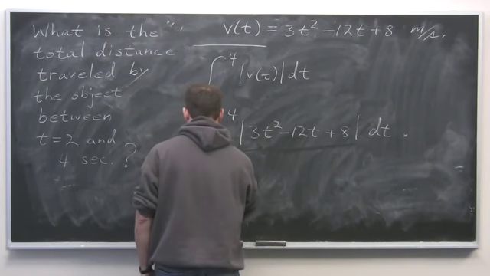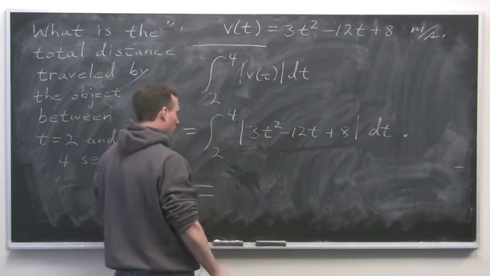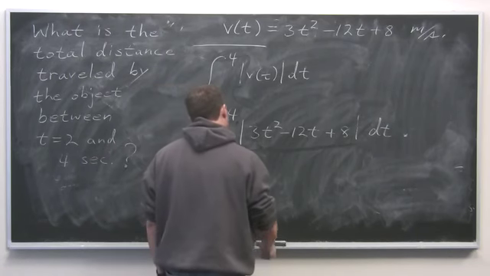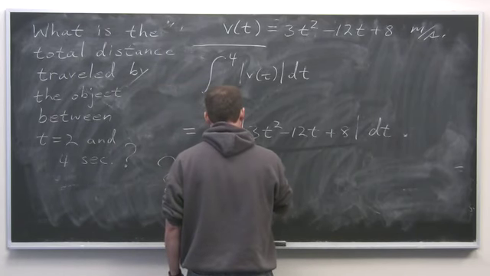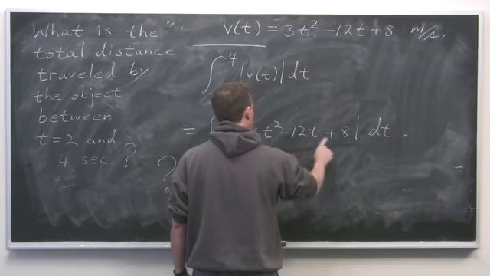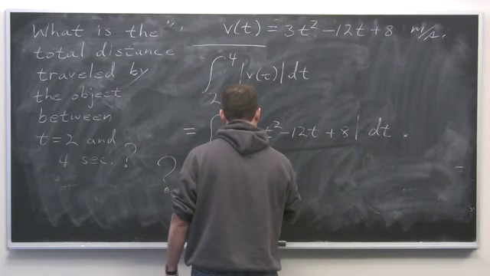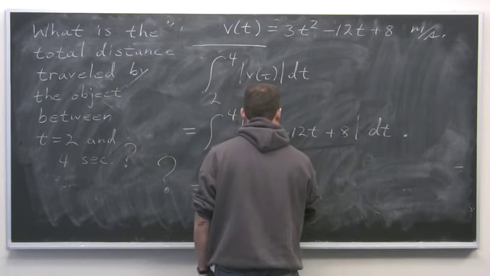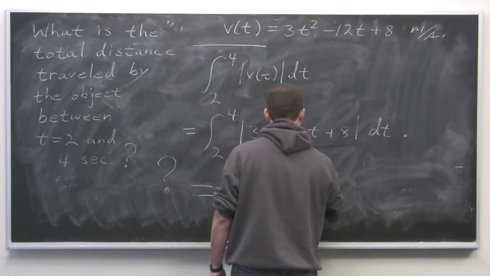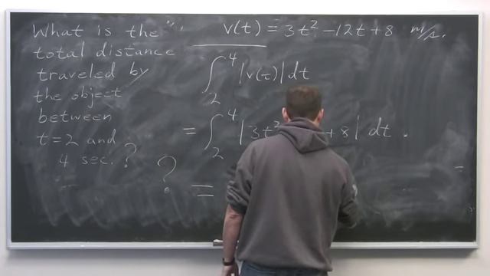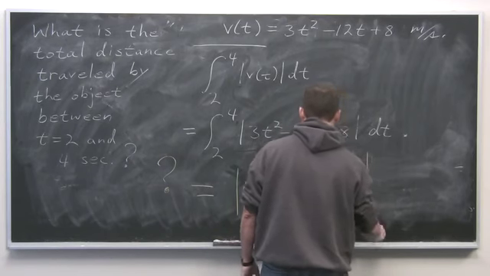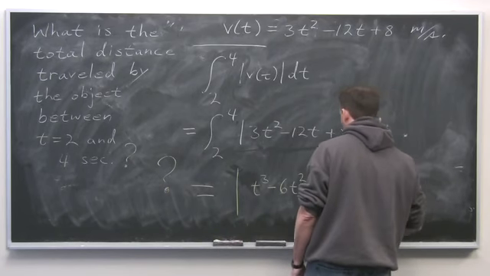Does this equal, the answer is no, but I'll put a question mark for right now. Does this equal, you just take the absolute value of what you get when you antidifferentiate this, which is t cubed minus 6t squared plus 8t. Do we just take this absolute value and then evaluate it from 2 to 4?